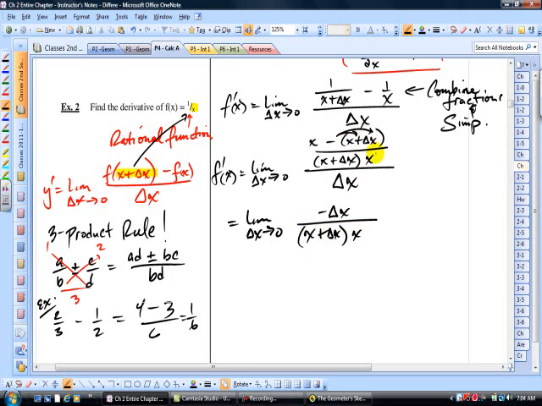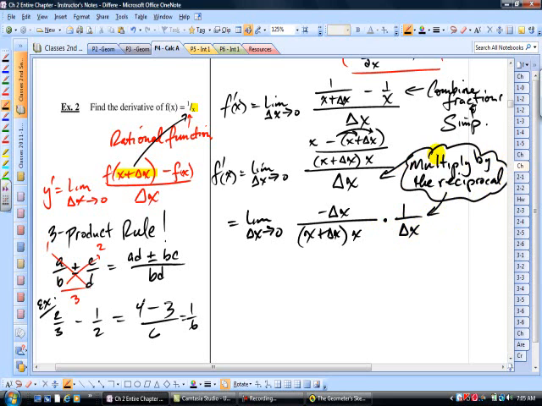Now I need to take this and multiply it by the reciprocal of this. So instead of dividing by delta x, I want to multiply by the reciprocal. So here we go, times the reciprocal of delta x. That's a very simple thing. I'm just using a little bit of basic mathematics here.